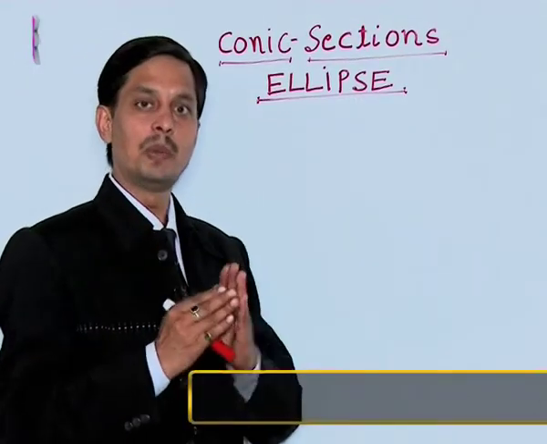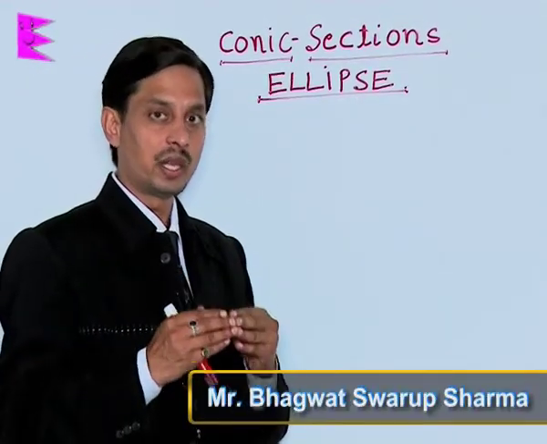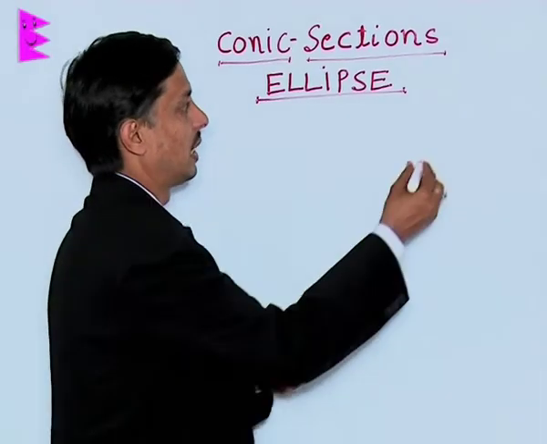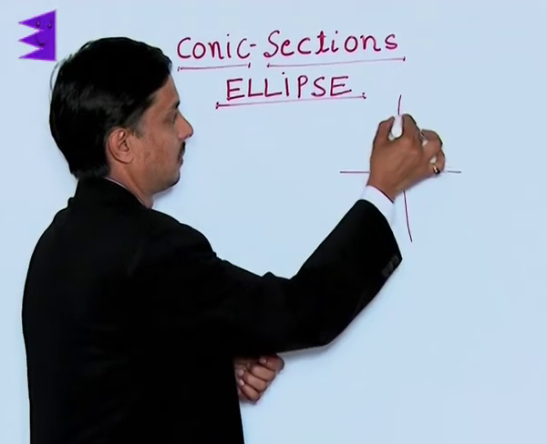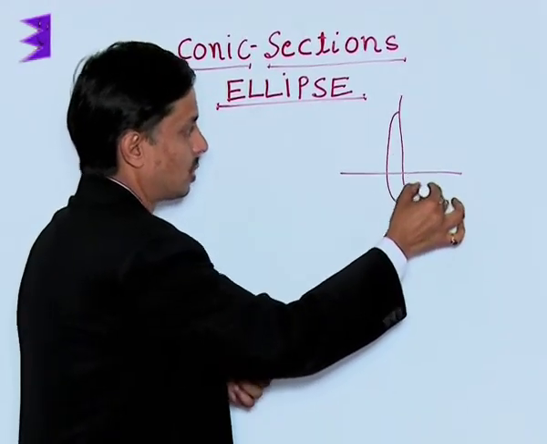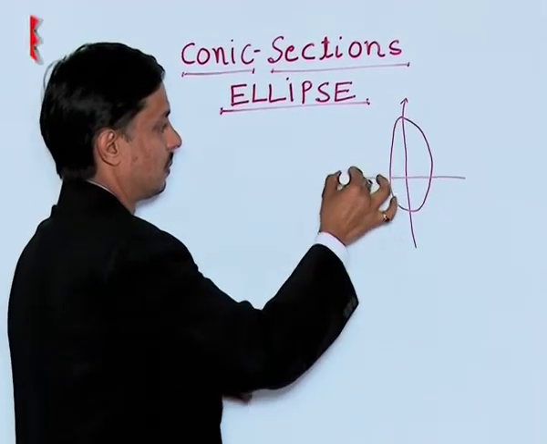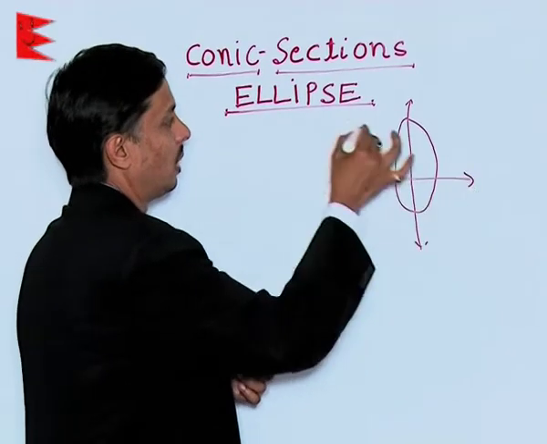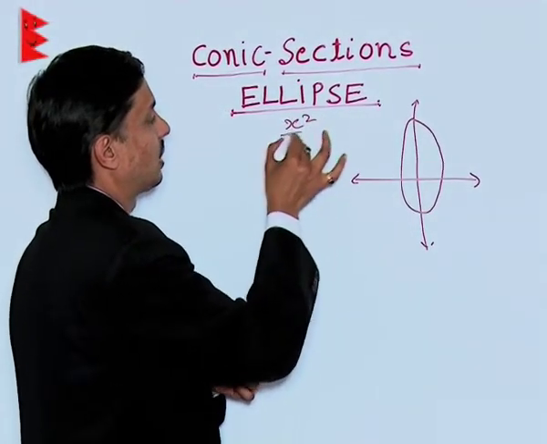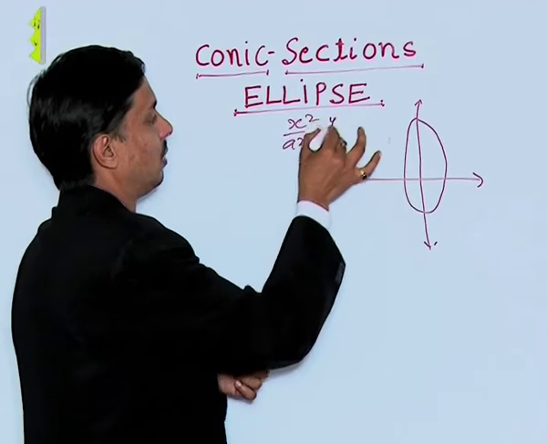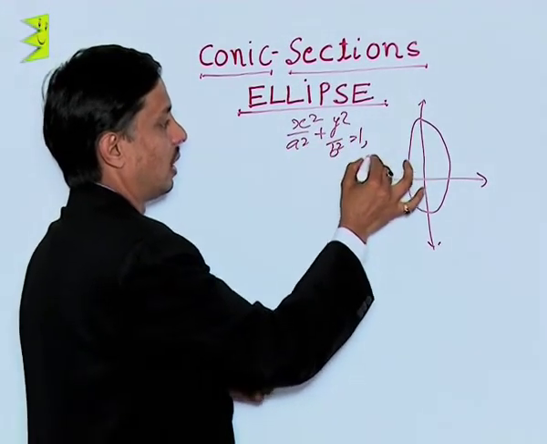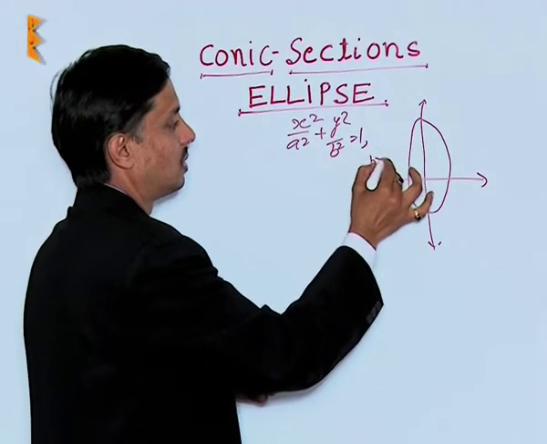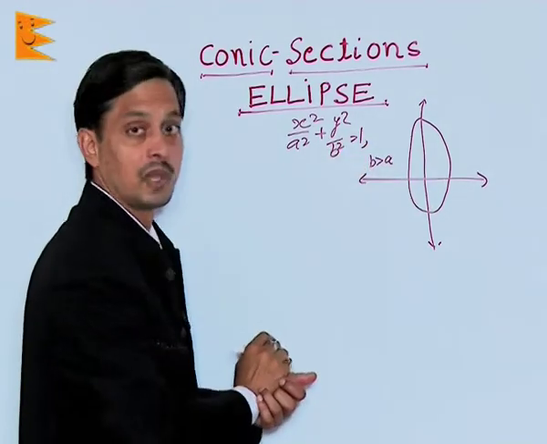Now I want to explain what the ellipse of second type is and what the required informations are. Suppose this is the ellipse of type 2. The equation is given by x square upon a square plus y square upon b square equals 1, under the condition that b is greater than a.